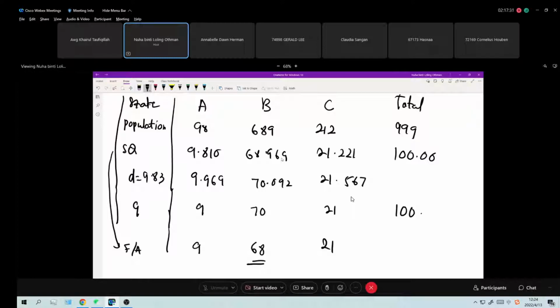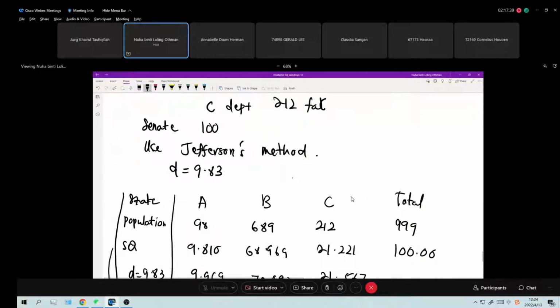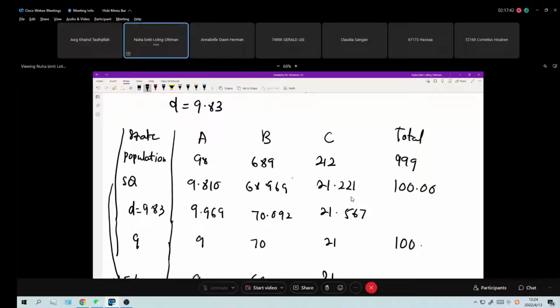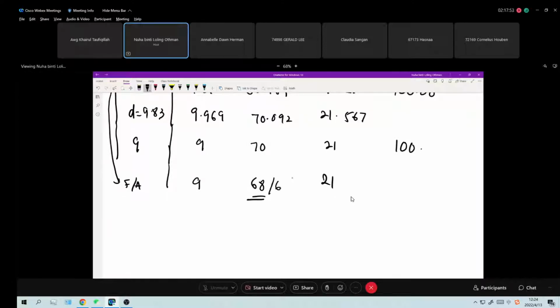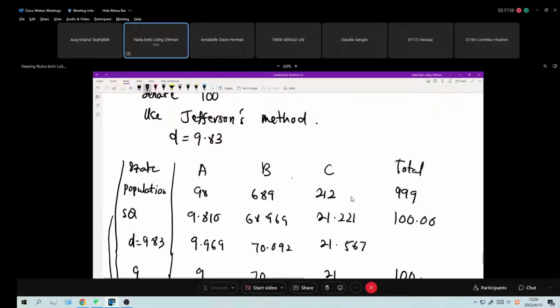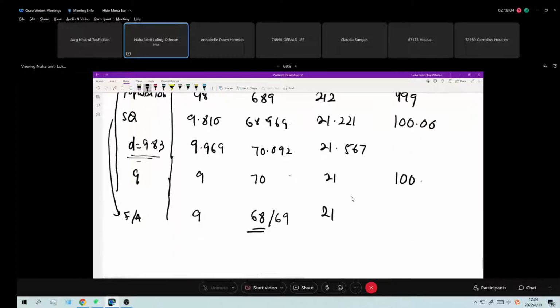If you see here, using the Jefferson method, if using the lower quota, we'll get 68. If using the upper quota, we'll get 69. So 68 or 69. But if you use the Jefferson method here, 9.83, the modified divisor, department B gets 70.